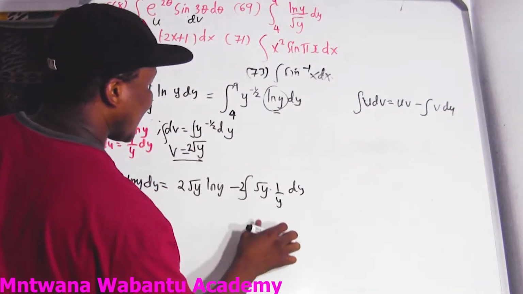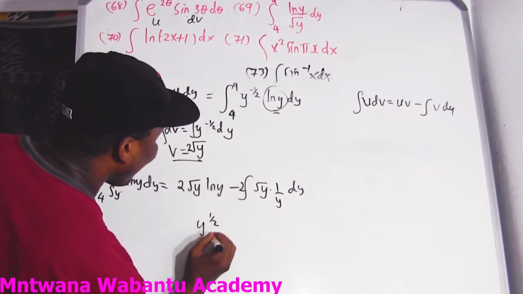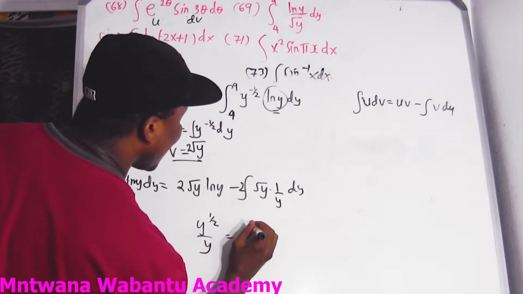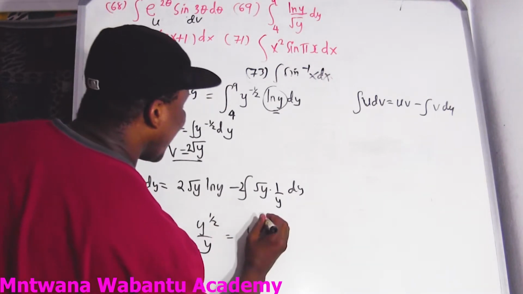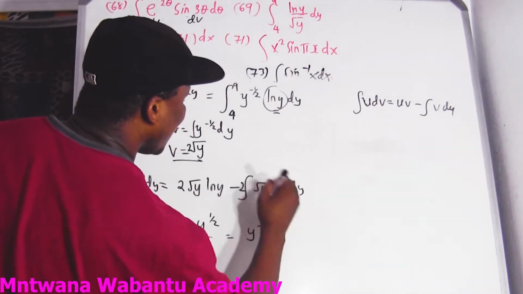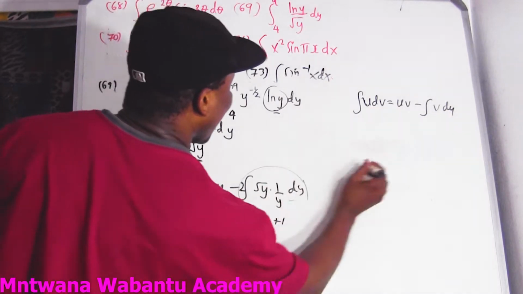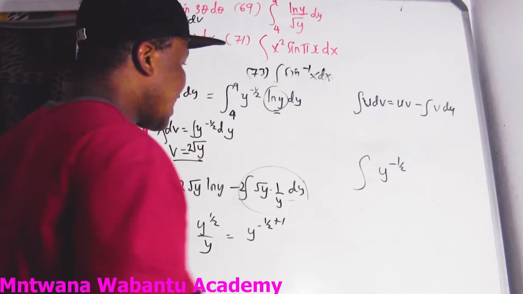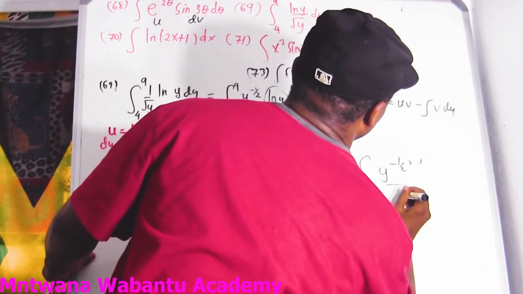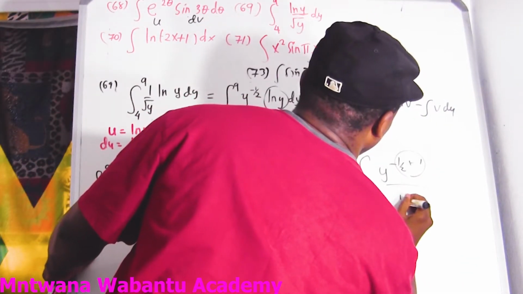So we can put these together. It's y to the a half over y, which is y to the negative a half. Now we integrate y to the negative a half: we add 1 to the power, and also divide by the new power, which is a half.